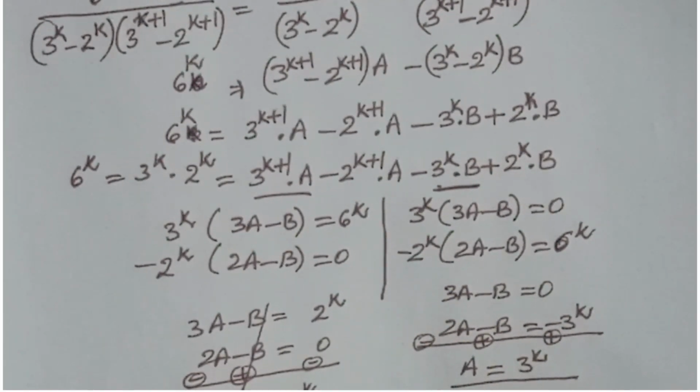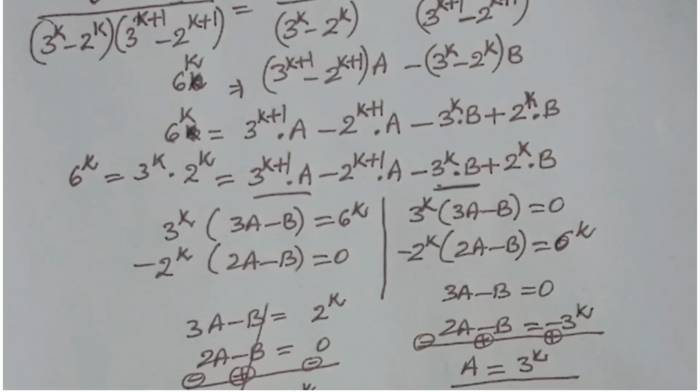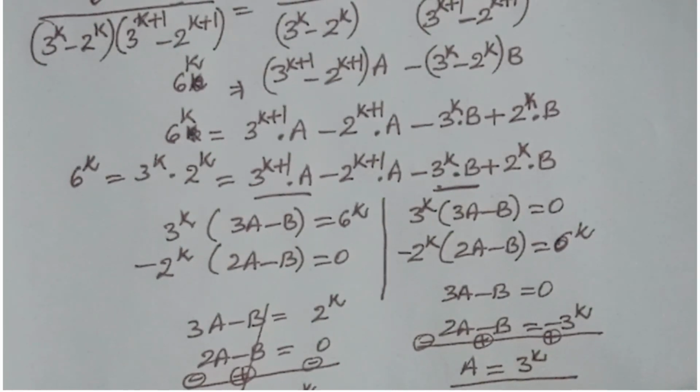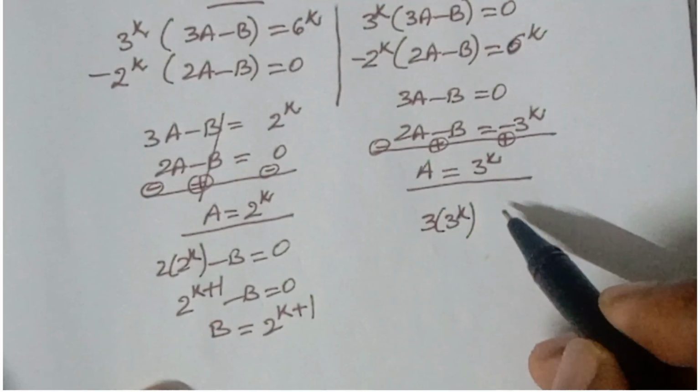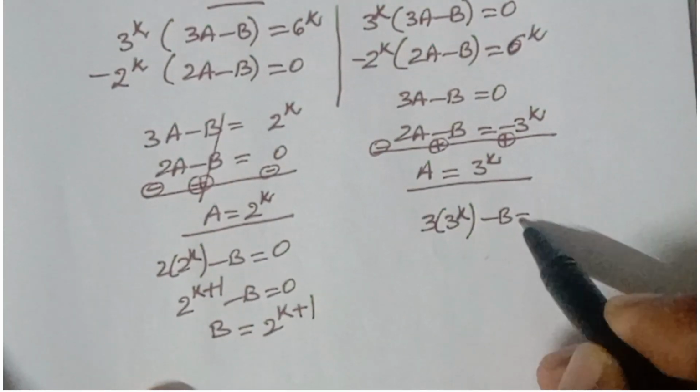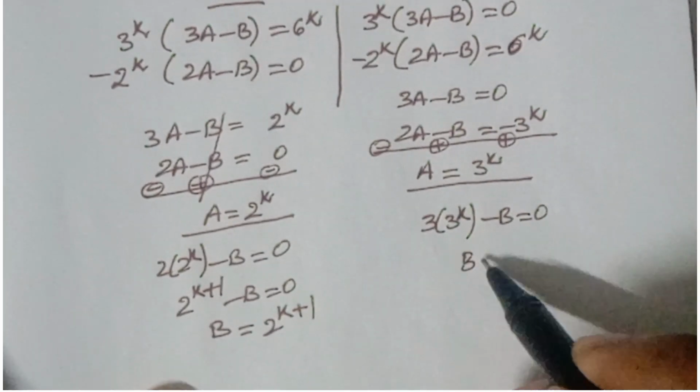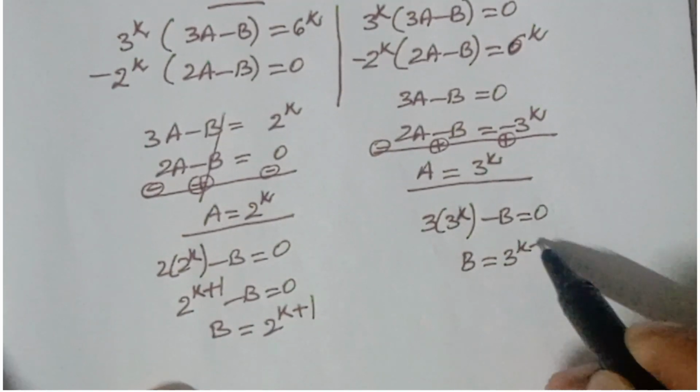So here 2 into 2^k minus B is equal to 0, 2^(k+1) minus B equal to 0, B is equal to 2^(k+1). Here if you take A is equal to 3^k, substitute 3 into 3^k minus B is equal to 0, B is equal to 3^(k+1).